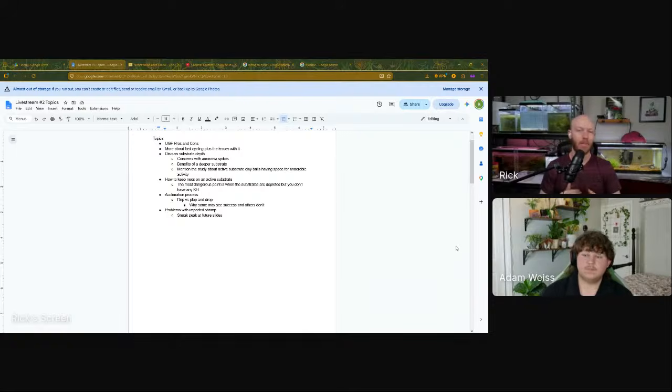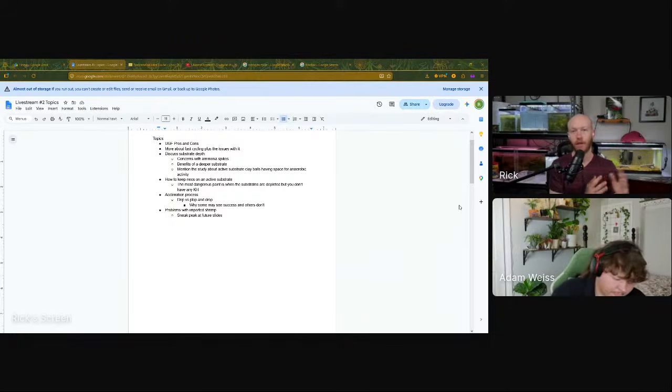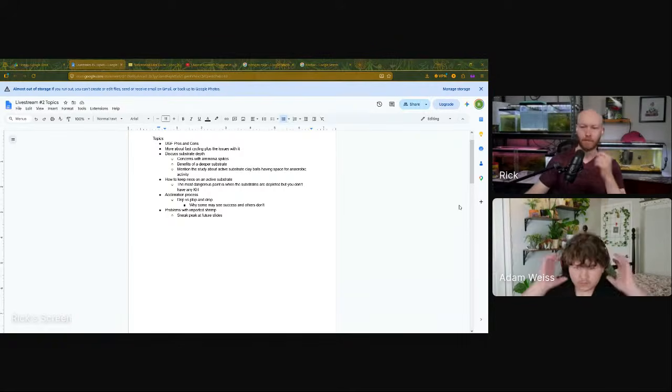So I don't know how much it solves. I would definitely argue that it doesn't solve water hardness issues if you do have them. That's just not its purpose. If you do have water hardness issues, I think it would be much better in general to go with dilution, using some RO water, some purified water, rather than trying to buy an active substrate that may introduce some other problems. So just something to think about there.